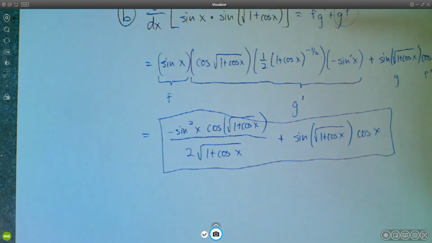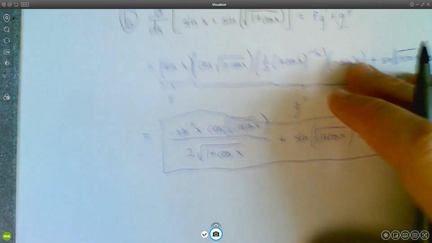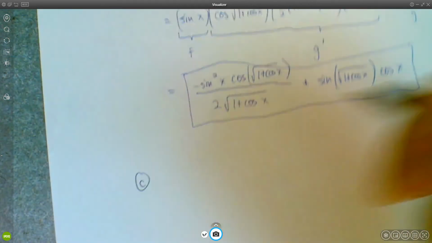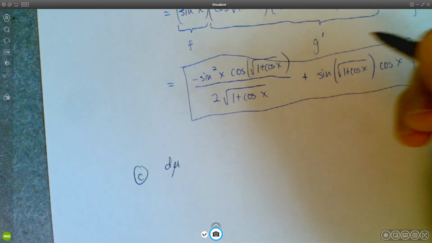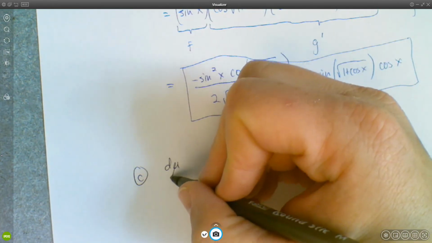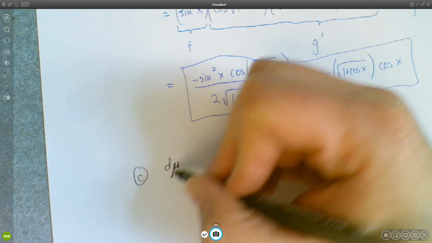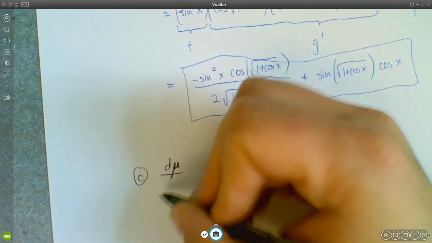Okay, and let me give you one more, and then we'll call it. Let's find d mu over dt. This is the Greek letter mu. I actually didn't do a very good job drawing it, but anyway.